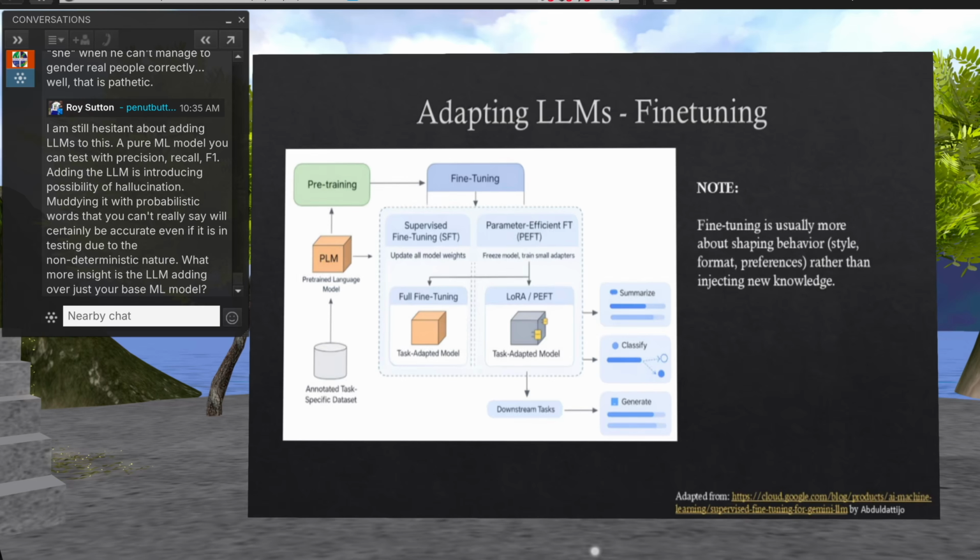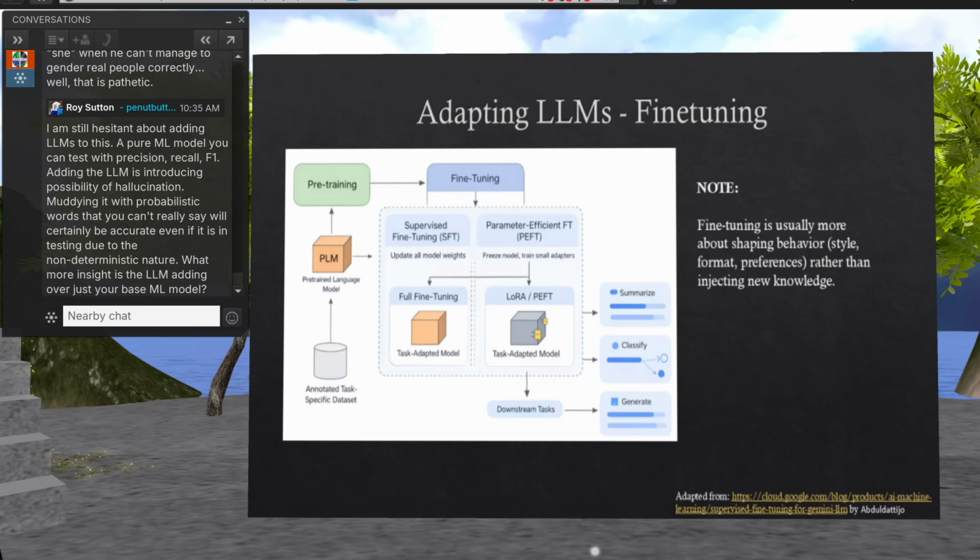Fine tuning is more about adapting the style of the model, to improve the model's outputs and tailor it to a certain context. So I want it to be a better customer service agent. I want it to be amicable. I want it to be friendly. I could fine tune the model by providing it more examples of that behavior. It doesn't improve the model's knowledge, but it improves the style of the model.